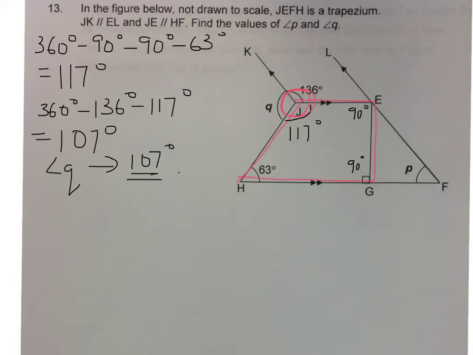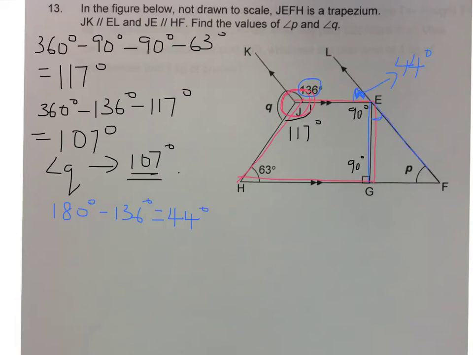Okay, next, angle LEJ. We can find angle LEJ, the one in blue color, because this is 136. It must be 180 degrees minus 136 degrees equals 44 degrees, which means this is 44 degrees. If this is 44 degrees, I can find angle GEF.